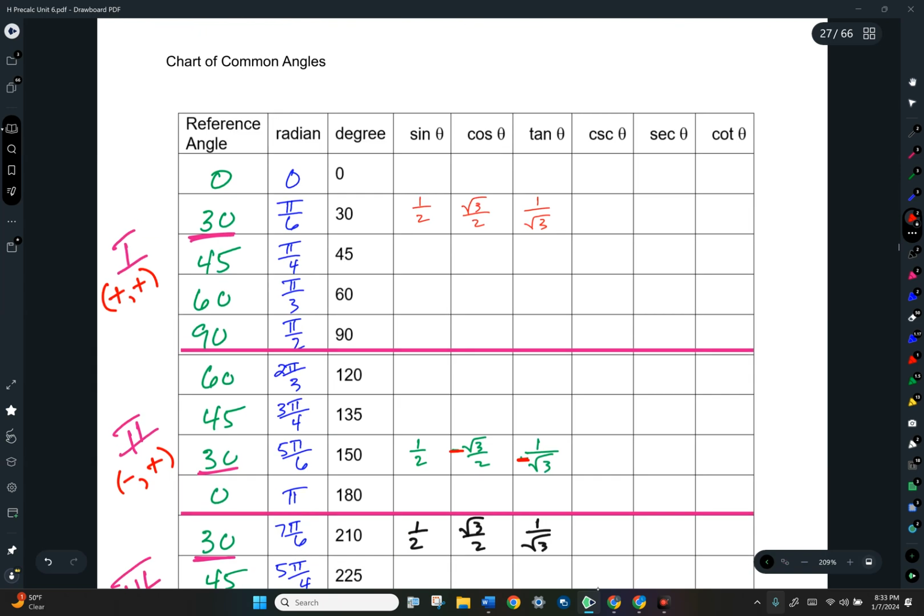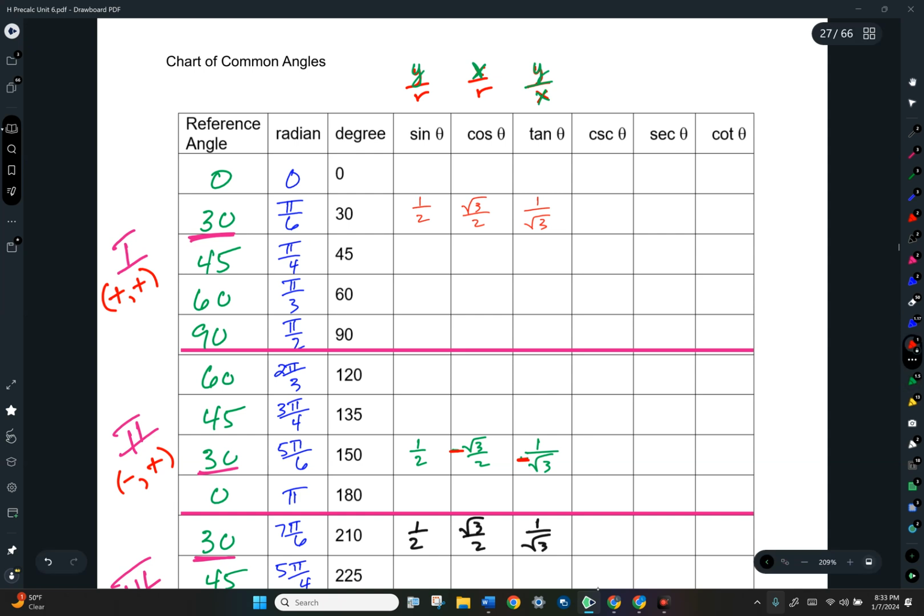Because remember our trig ratios, the sine is y over r, cosine is x over r, tangent is y over x. So that means that the sine function depends on y as far as being positive or negative, because remember r is always positive, and the cosine function depends on x, whereas the tangent depends on both of them.